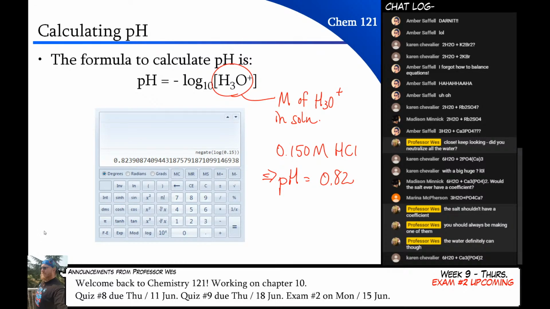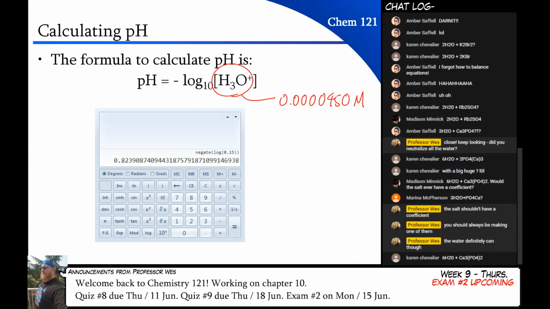Let's suppose that instead I wanted to find the pH of a solution that was, I don't know, something very small. So like 0.000450. What would the pH of this solution be? Well, let's clear everything.